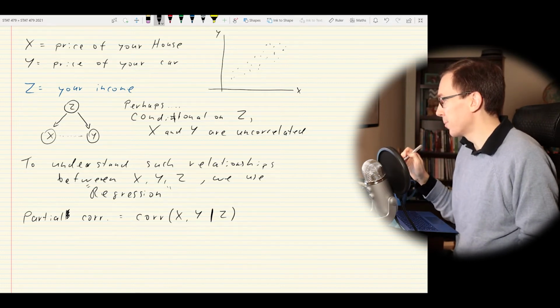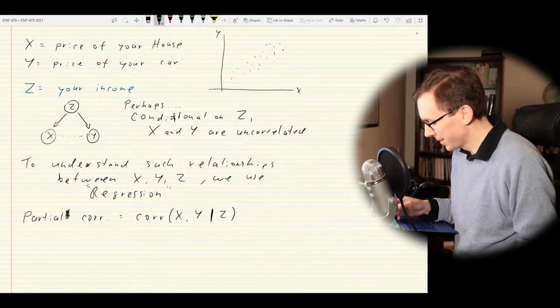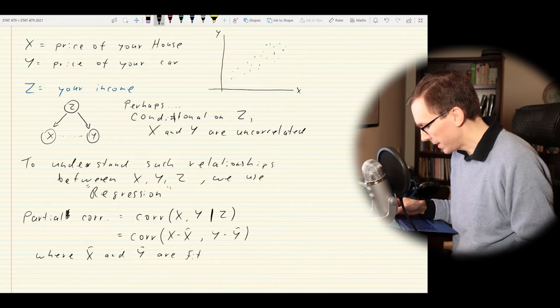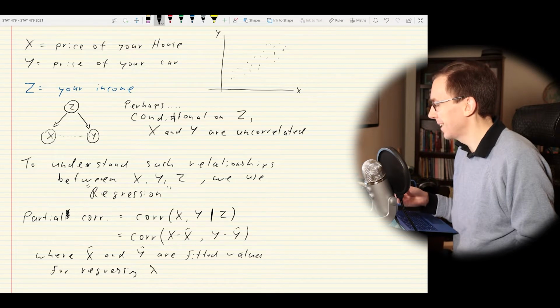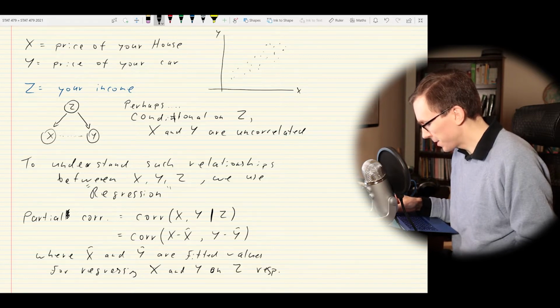And what we're going to do is consider the residuals of both X and Y regressed on Z. So this ends up equaling the correlation of, and I'll define this in a second, x minus x hat, y minus y hat, where x hat and y hat are fitted values for regressing x and y on z respectively.